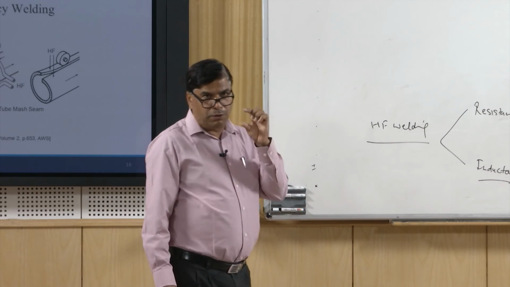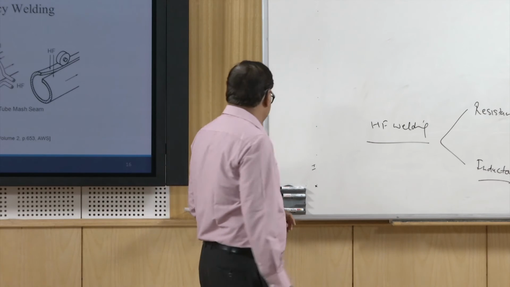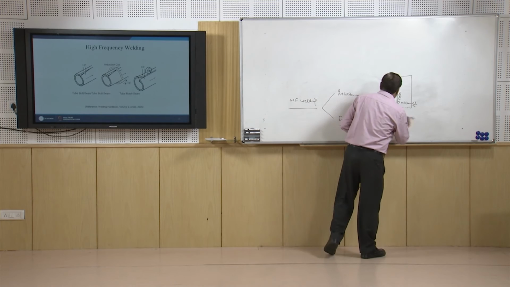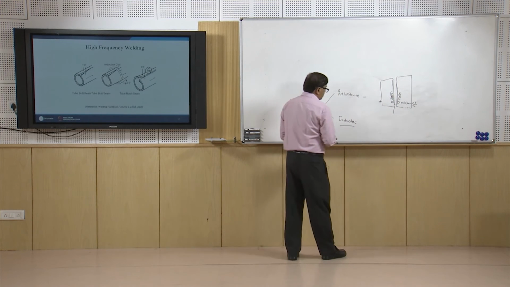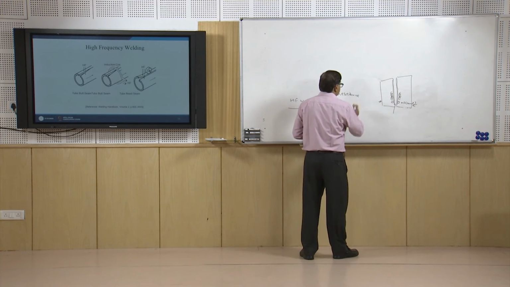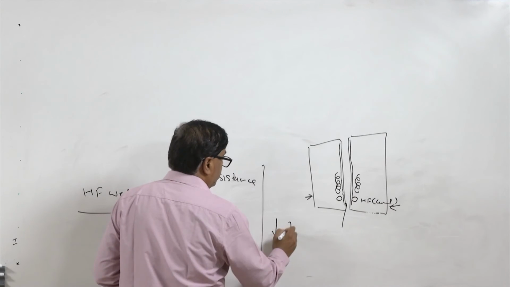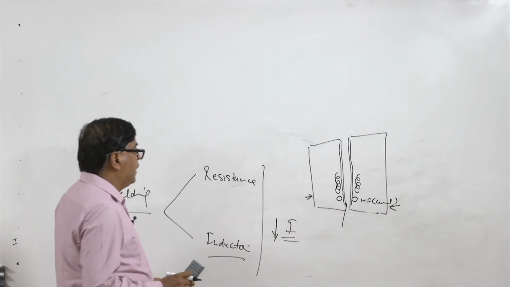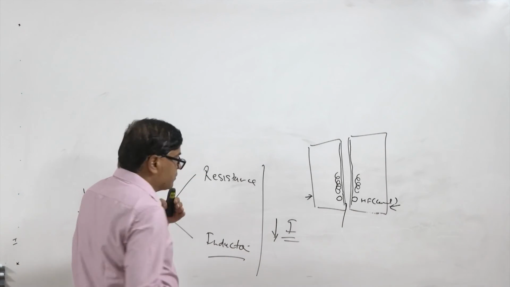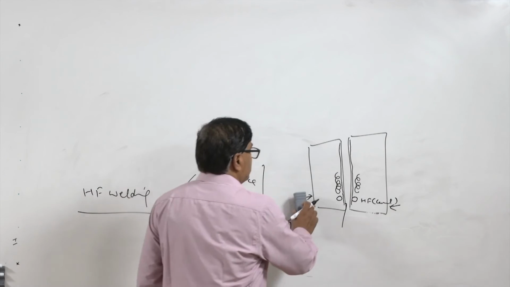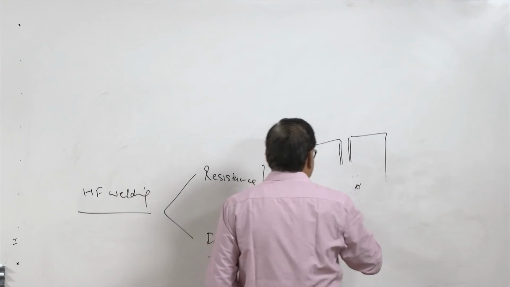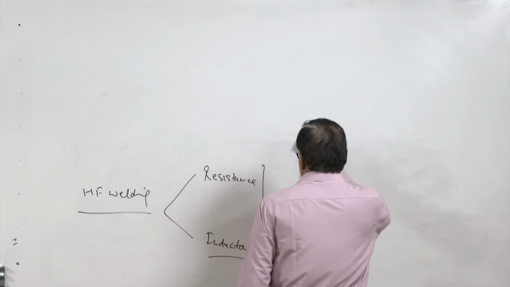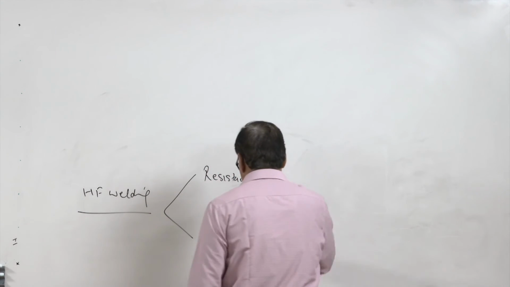That is why even a smaller magnitude of current is sufficient for the generation of heat and to soften the metal system. So, actually the magnitude of the current which is required in case of the HF current is very low. So, the current value is reduced drastically when it is used because high frequency currents will be flowing through the surface layers, not through the entire cross section or entire thickness of the plates being welded.